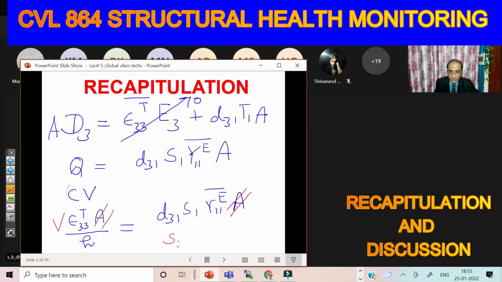We have the voltage on the left hand side, and on the right hand side we have D31, then the Young's modulus, and then on the exterior we have S1, the strain to be measured, and in the denominator we have epsilon 33, and this H also goes in the numerator, so we have H.